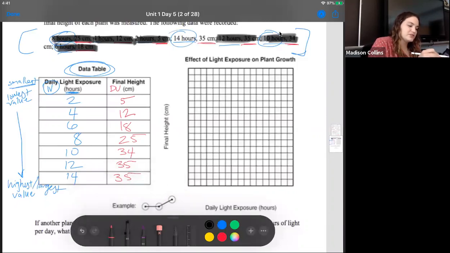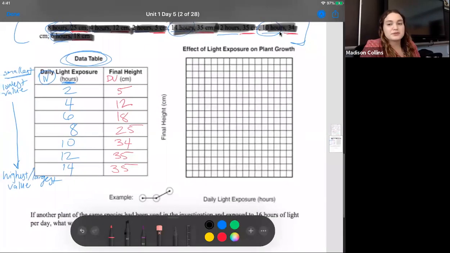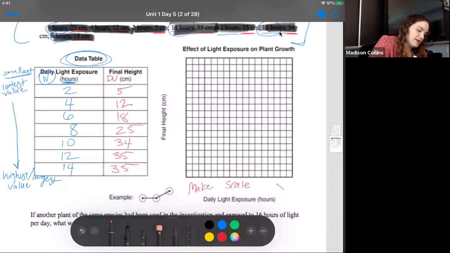So now that we have officially created our data table, I want you guys to complete this graph on your own. So you will need to do a few things. You will need to make a scale on both the X and Y axis. You will need to graph your points.